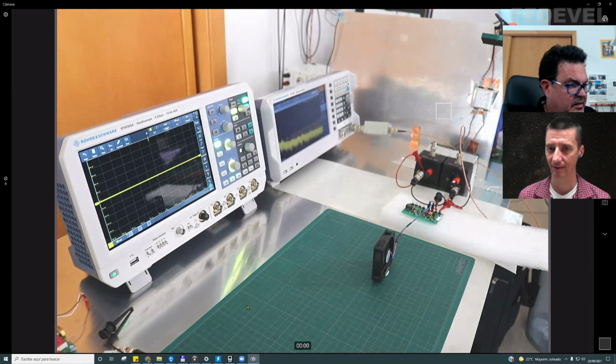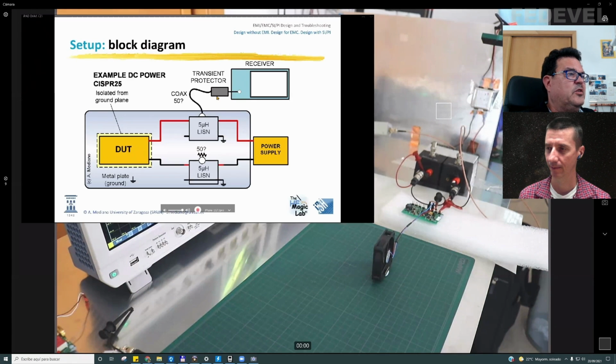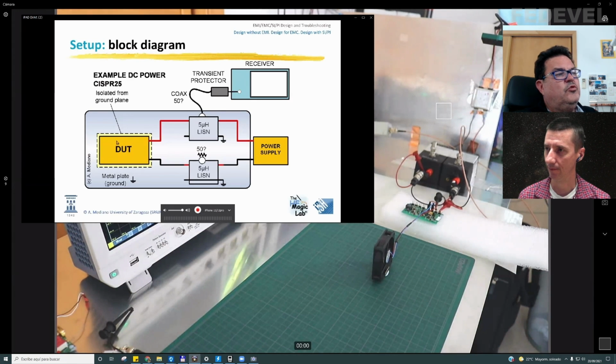So this is the idea, something like this. You can see here, you know what your product is. You put your device under test on a metal ground plane. The power supply is outside. You can use one or two line impedance stabilization networks. If you are measuring in one of them, the other is terminated with 50 ohms.